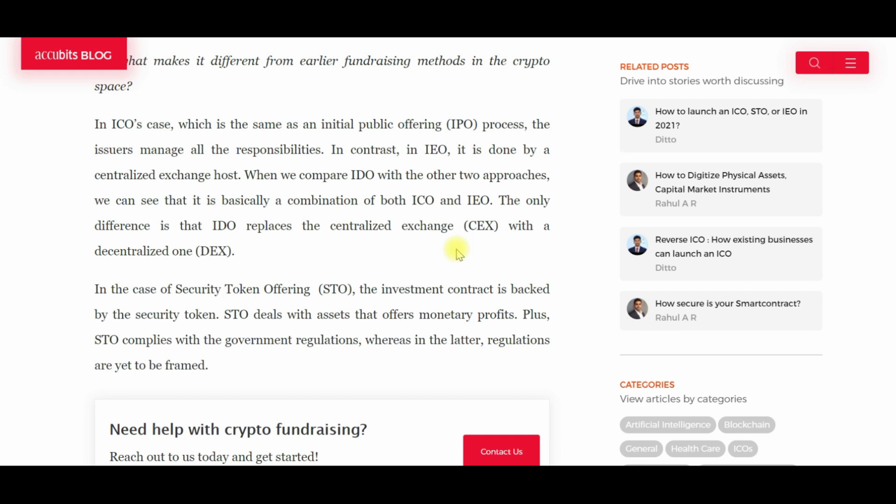Now, an IDO is initial DEX offering, right? It is on an exchange, but a decentralized exchange. So it's more like an IEO. You understand? But then it is also like an ICO, where all the transactions are done on that exchange, right? An IDO takes care of all the transactions, right?